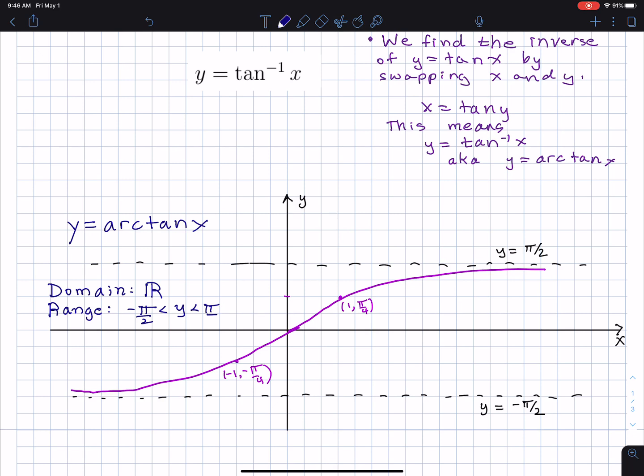I should also point out that it's increasing, which is interesting, and it's also 1 to 1. Also, we studied rational functions before, and they had horizontal asymptotes, but none of them had two different horizontal asymptotes.